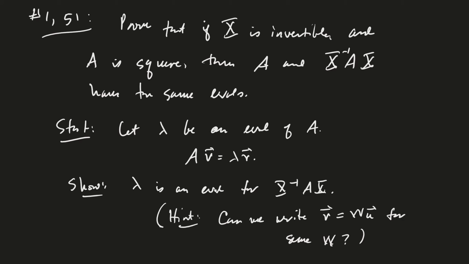Or is that going to be too vague of a hint? Oh, I'll just give it to you. X times U. Is that going to be valid? Okay. I'll let you think about that.